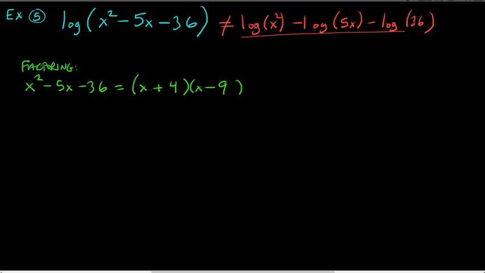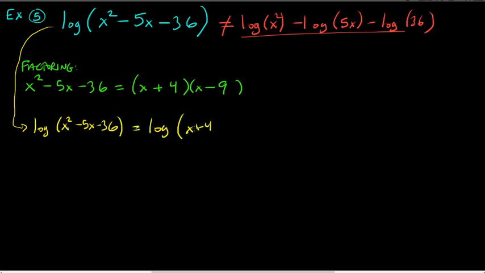Okay. So how does that help? Well, that allows us to write this as, let me just copy it down first, right? This is the original question, but now we can write this as the log of x plus 4 times x minus 9. So now it is the log of a product, right? It's the log of m times n.